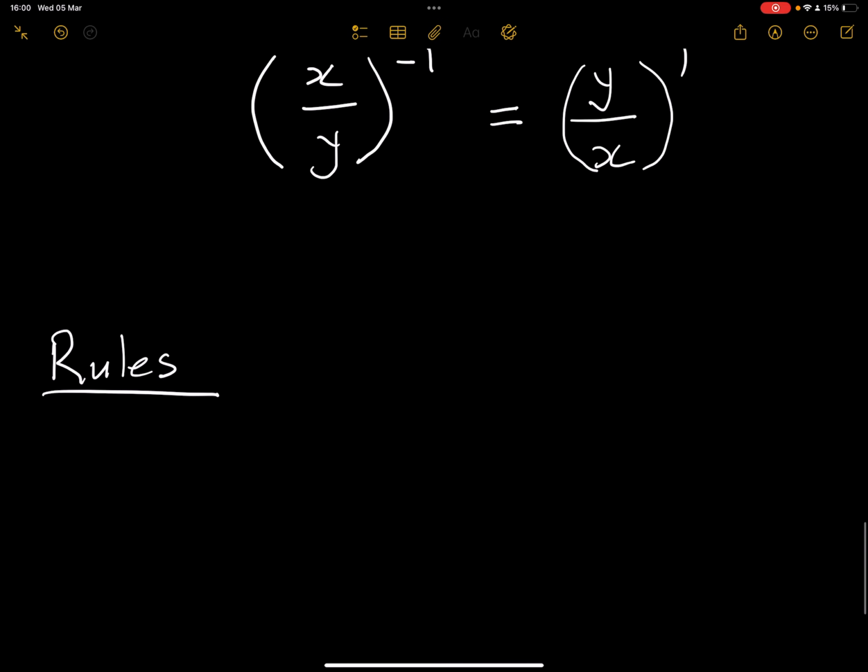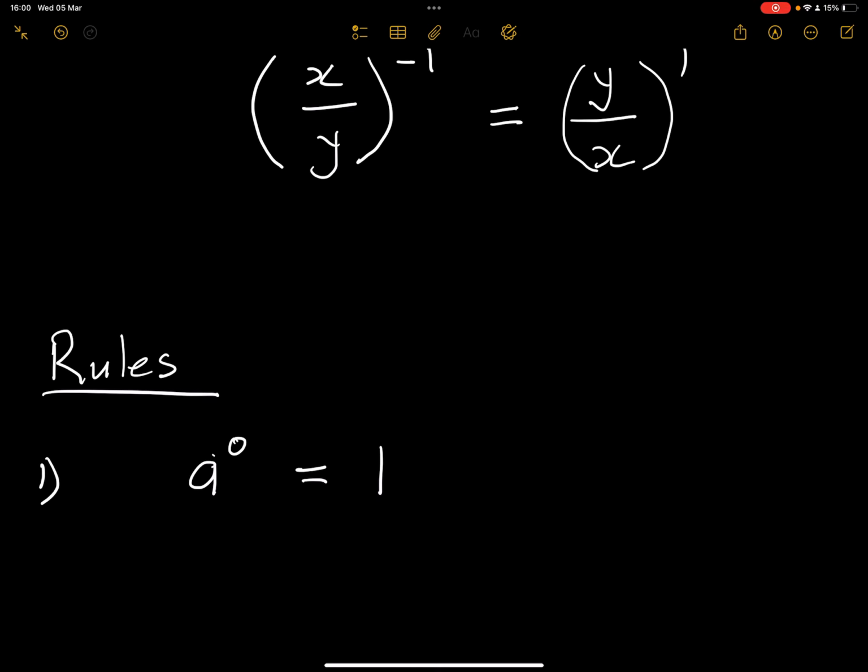Firstly, the first rule is that anything raised to the exponent of 0 will be equal to 1.